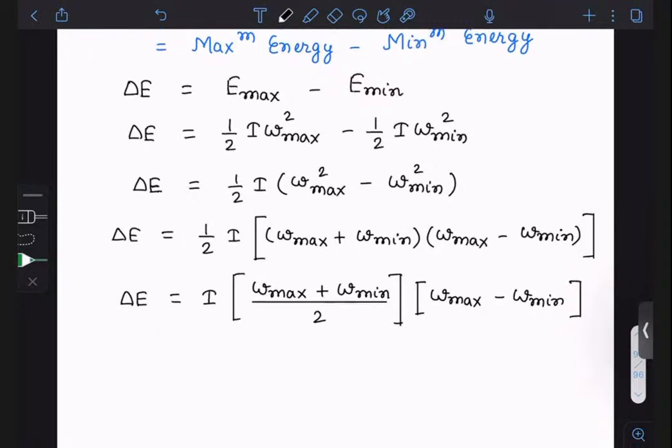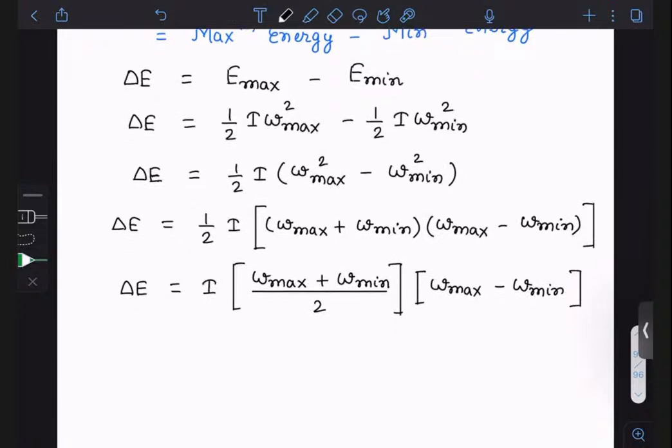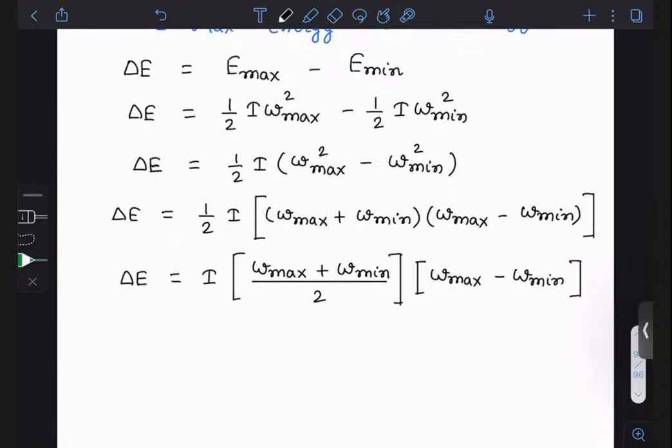So here what we can do, my dear, we are going to do one thing. I'm just going to do some mathematics here.